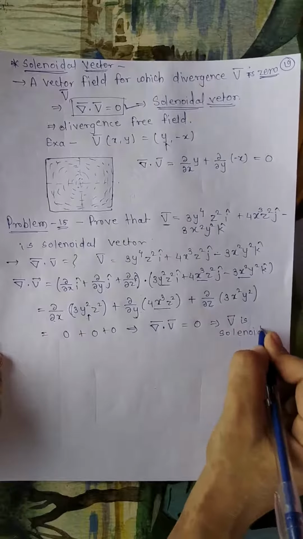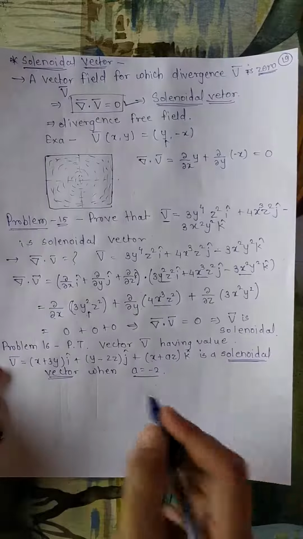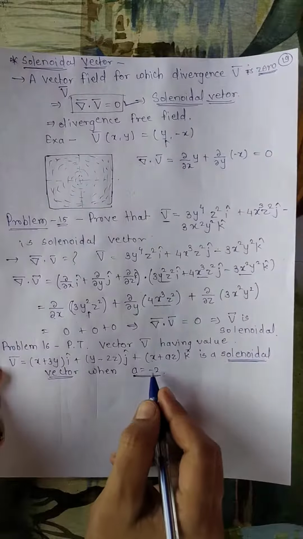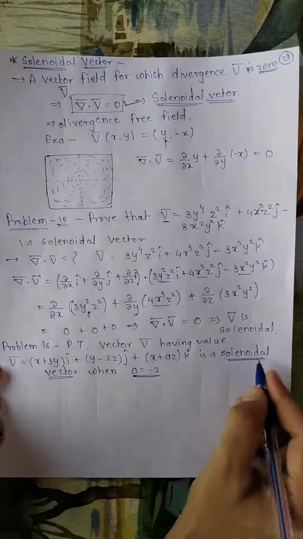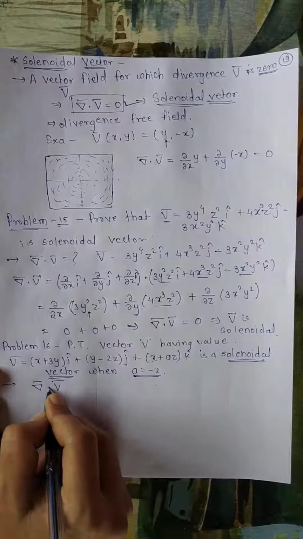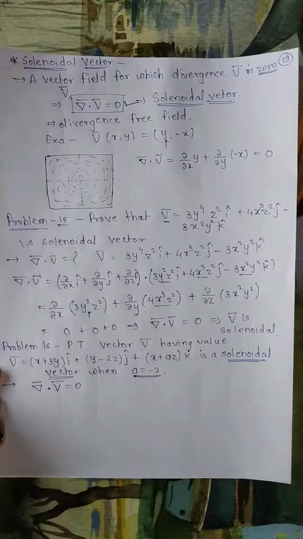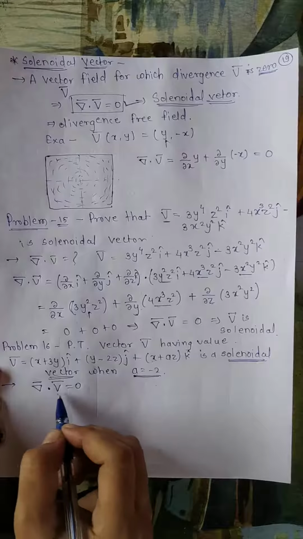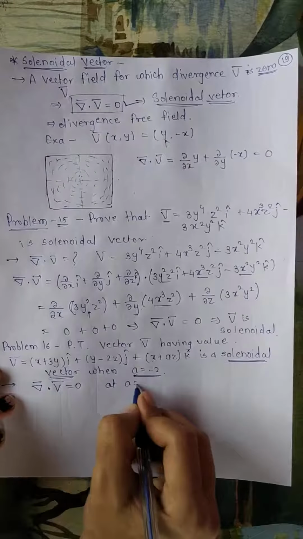Now in the next problem, they have given us that our vector field v bar is a solenoidal vector. They have asked us to show that this v bar is solenoidal at a equal to -2.